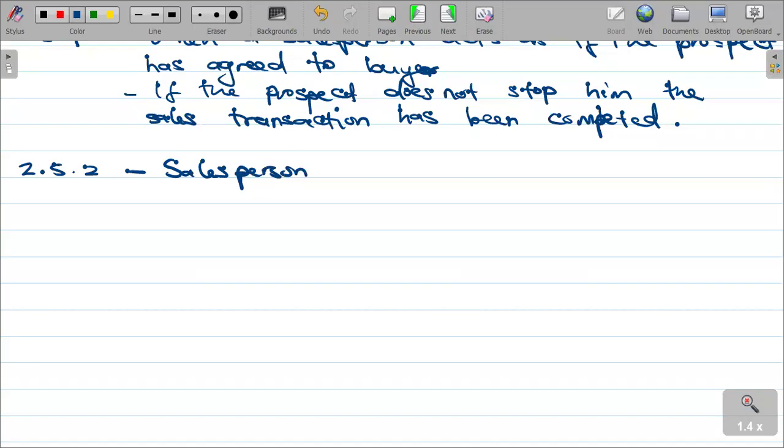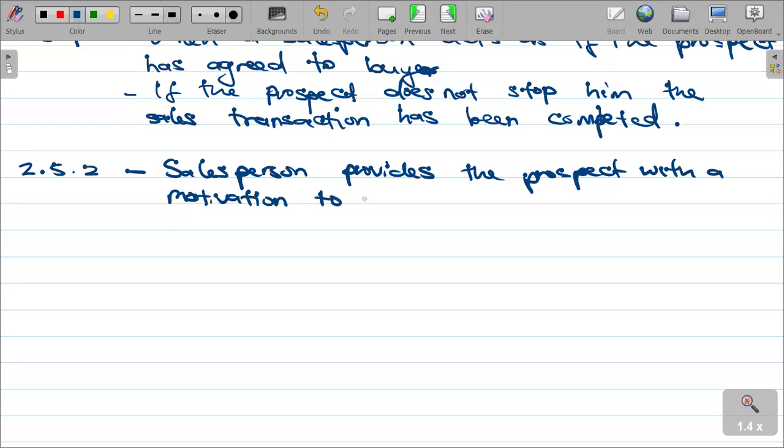The salesperson provides the prospect with a motivation to buy the product. So the inducement holds a possibility that if the prospect does not buy immediately, he or she could lose something.